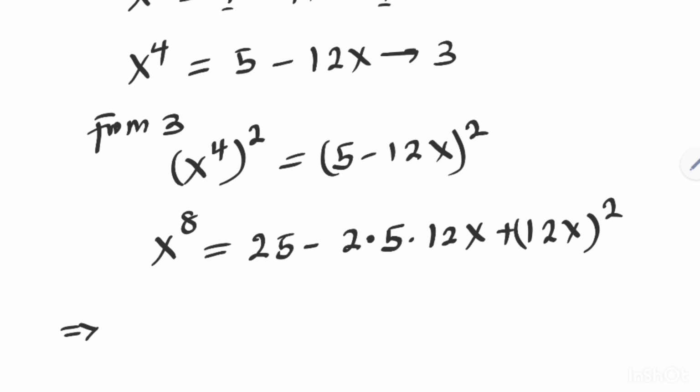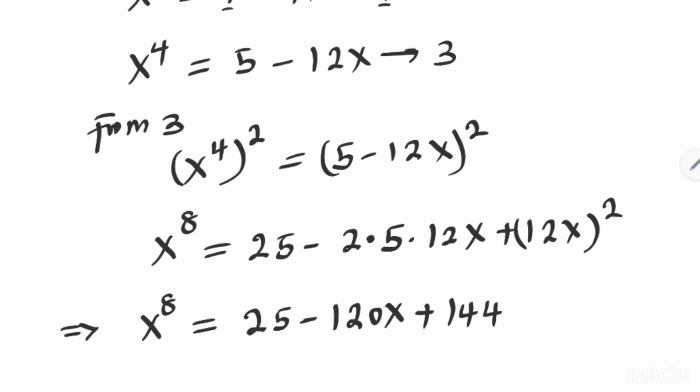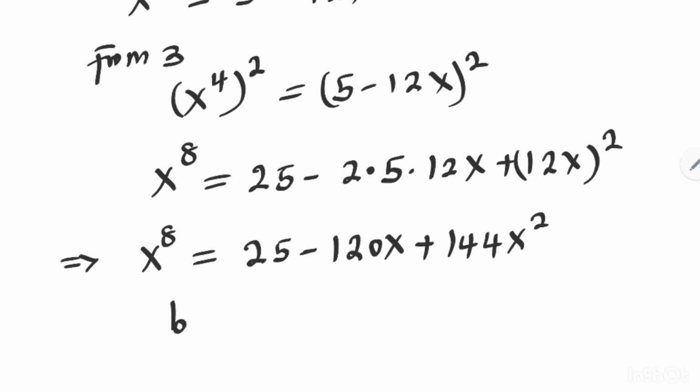This is the same thing as x raised to power 8 is equal to 25 minus 2 multiplied by 5 multiplied by 12x, that is 120x, plus this. If you open this, we have 12 squared, that is 144, then x squared. But x squared is equal to 1 minus 2x.